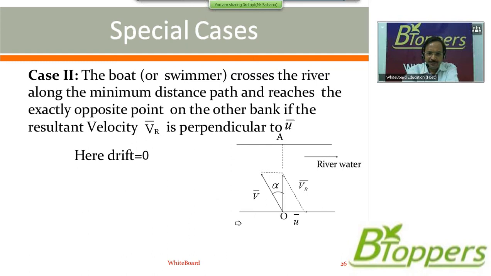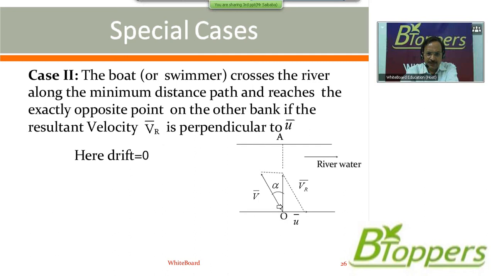Coming to the second case, the boat or swimmer crosses the river along the minimum distance path and reaches the exactly opposite point on the other bank if the resultant velocity VR bar is perpendicular to U bar.